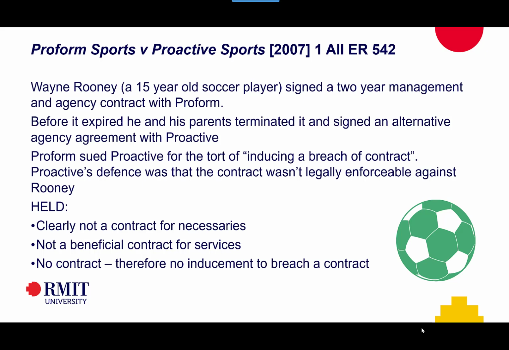I don't know, if he was David Beckham, I assume he'd be perfume ads and things like that as well. But before that 2 years expired, Rooney and his parents terminated that contract and went with Proactive Sports instead, effectively to do the same thing.